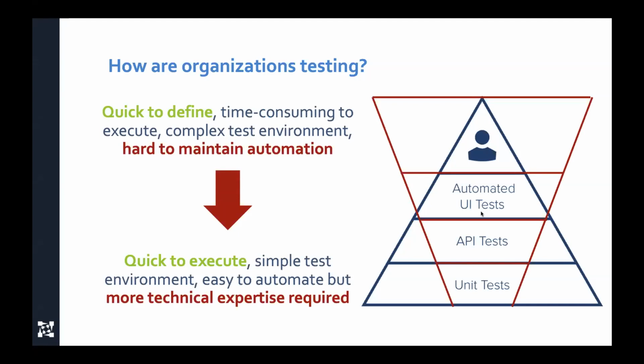Normally, most organizations would self-identify with an inverted pyramid or an ice cream cone, where you've got more UI centric testing practices in place because they're quicker to define. UIs are intuitive, so it's easier for you to just push a few buttons than to try and think about the underlying code and the unit testing infrastructure that you would potentially need to be able to isolate the code and isolate the use cases.